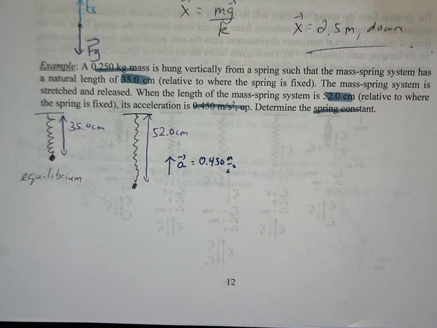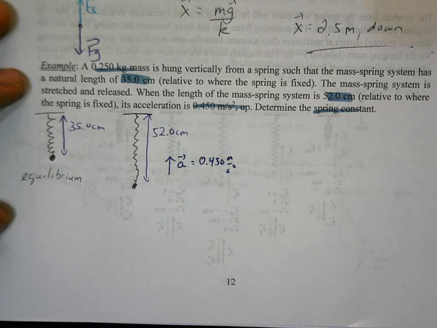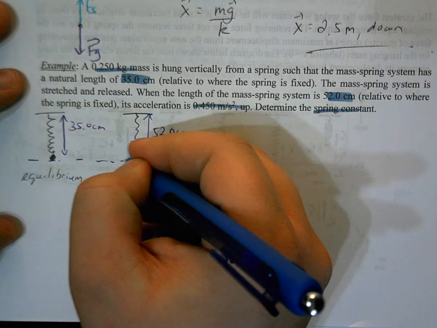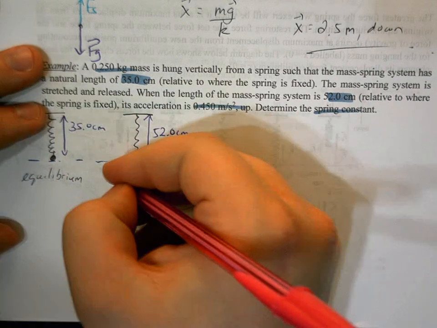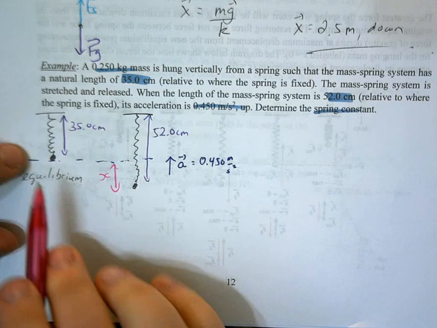There is a lot going on. The first big trap is that we're given these two distances. Remember that we want the distance from equilibrium, so this is my equilibrium position here, and I want this actual distance. I want to know how much this is stretched.